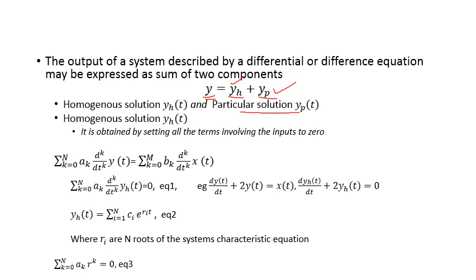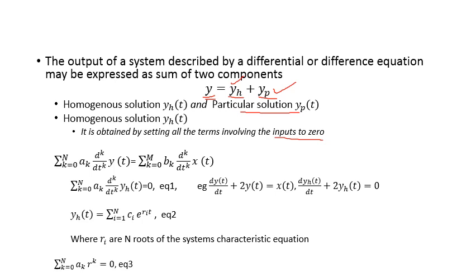So what is the homogeneous solution? The homogeneous solution of the differential or difference equation is obtained by setting all the terms involving the input to 0. So if we set all the terms involving input to 0, the solution we obtain is the homogeneous solution.